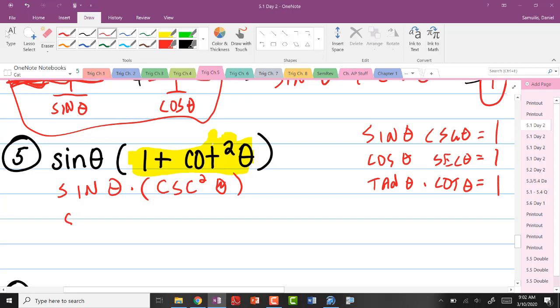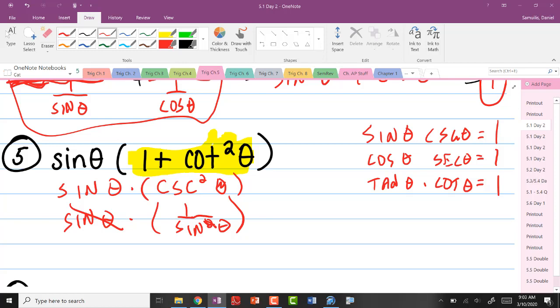I'll prove it. Sine of theta times 1 over sine squared of theta. Who cross cancels? One of the sines. Boom and boom. You're going to want to do it that way. Did you notice how I got rid of the squared and now it's just sine? And then what's the final answer?